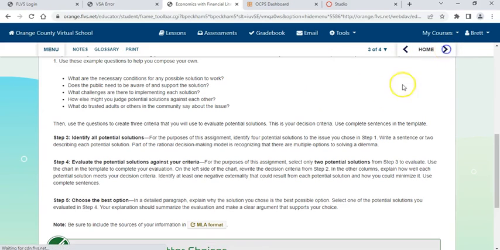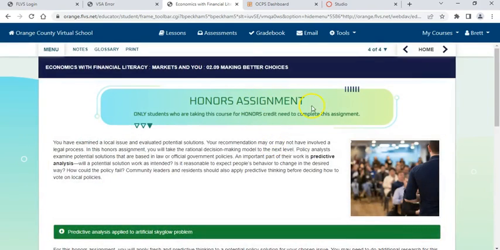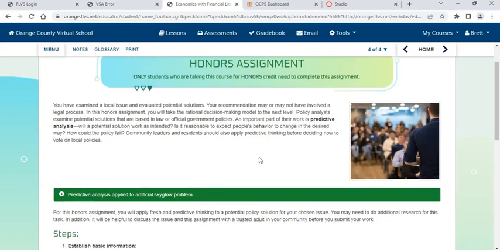So that's for everyone. And on page 4 of 4, we have the honors assignment. This one is trying to get you to understand the law and how with a government, if they're pushing forth legal mandates, how there might be backlash, how some groups might be more affected either positively or negatively by it.